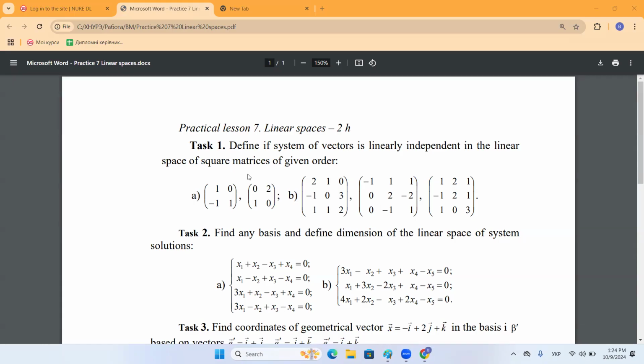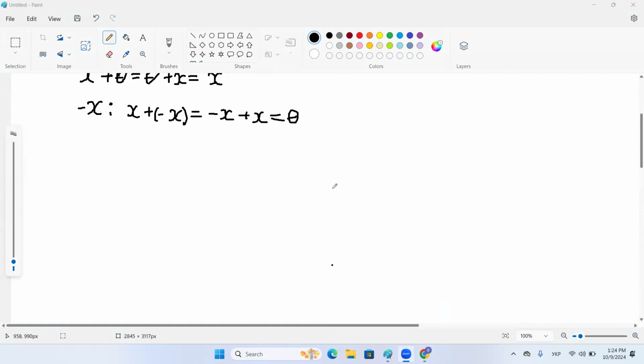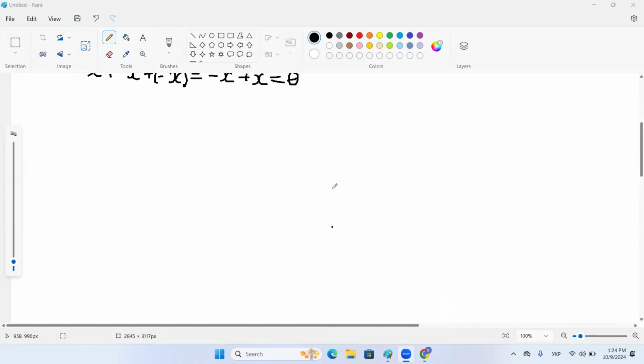What does linear independence mean? By the way, do you remember it? Raise your hands if you remember. I guess nobody. Okay.